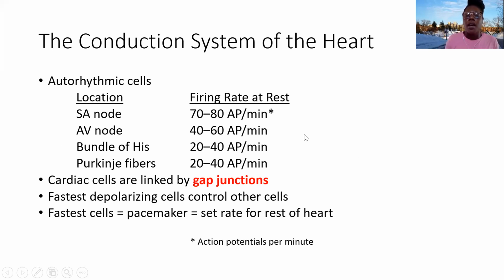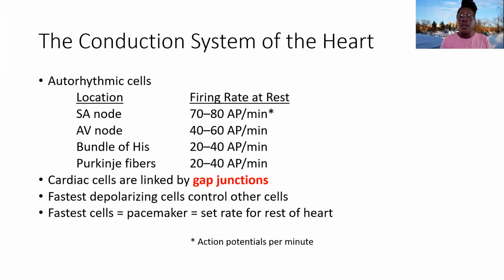about 70 to 80. The AV node has a firing rate of about 40 to 60 action potentials per minute. The bundle of His, again, much slower, 20 to 40 action potentials per minute. And then the Purkinje fibers, likewise, much slower, about 20 to 40 action potentials per minute.